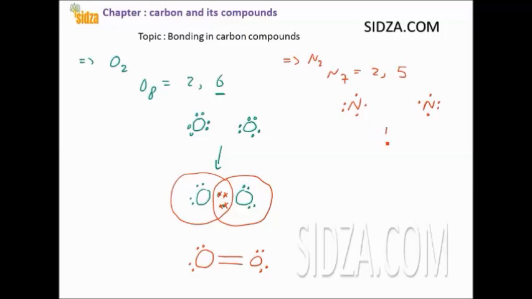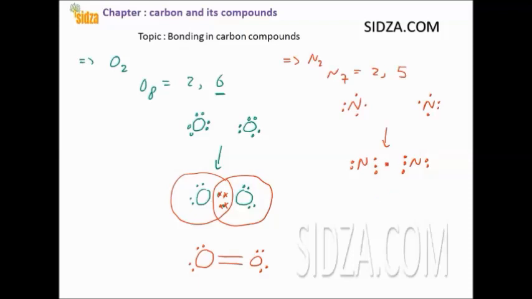So therefore when they form a bond, they share 3 electron pairs. This nitrogen atom provides 3 electrons. Another nitrogen atom also provides 3 electrons.